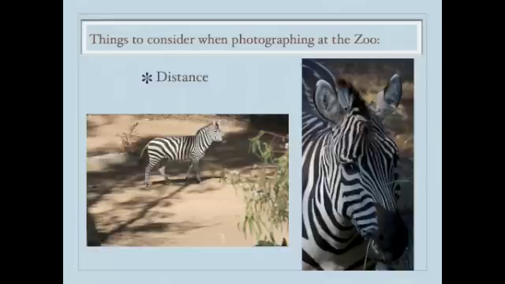So when you're photographing, keep distance in mind. If you're looking to photograph a singular animal, consider using your telephoto lens. If you're looking for wide group shots, then go ahead and use your wide angle.